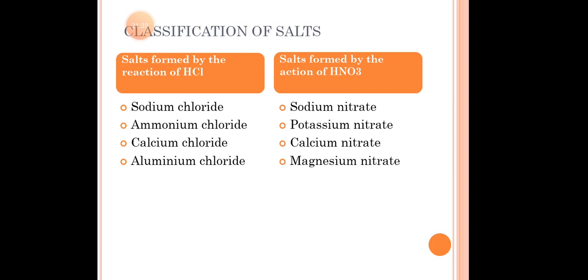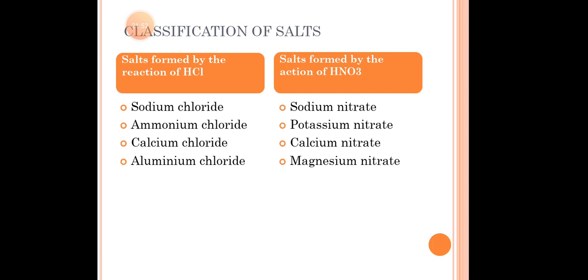Now, we have learnt about acids, bases, and also a little about pH, which is necessary for us to know all about a given solution, whether it is acidic or basic. Now, we are going to learn about salts.